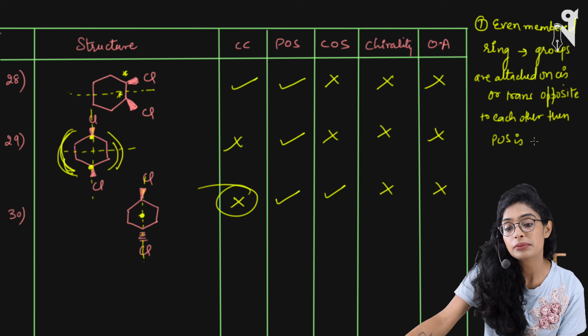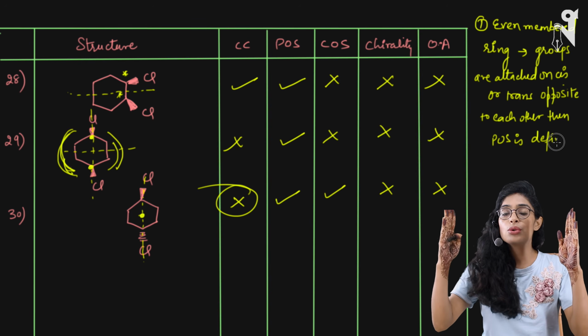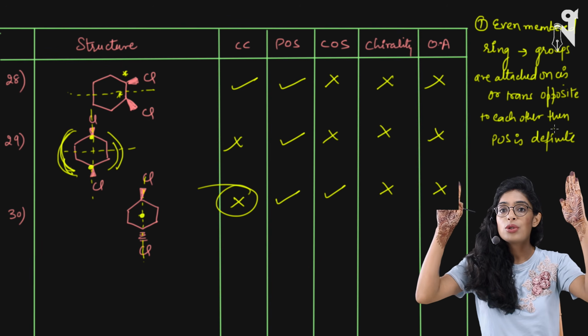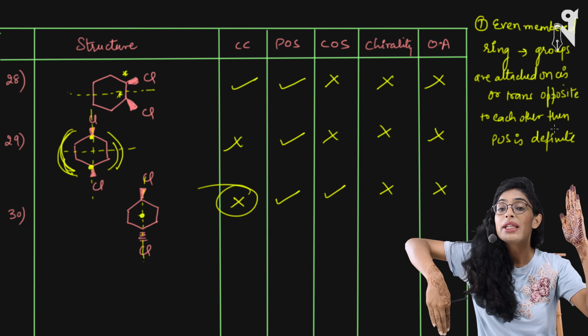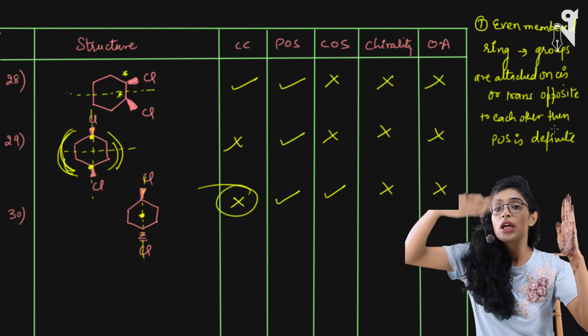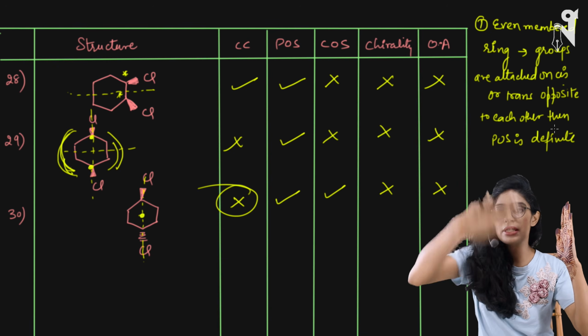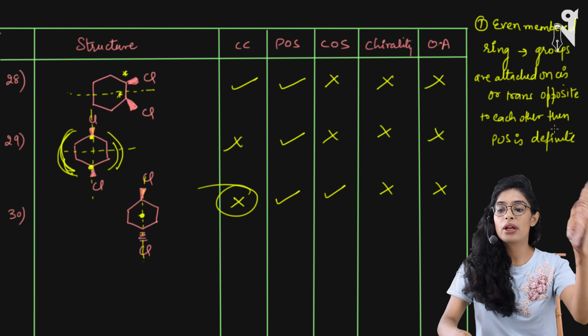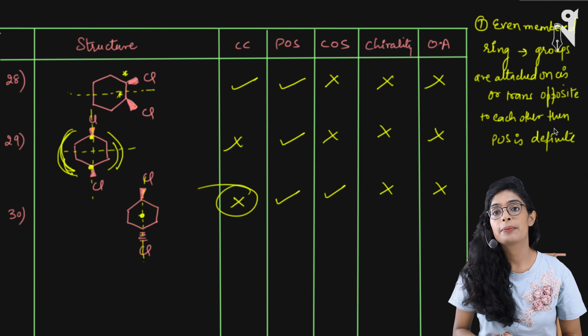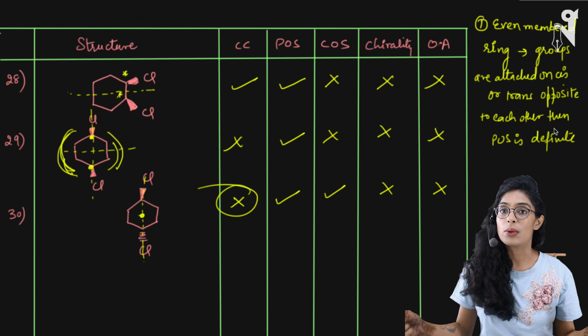That means no matter whether your two groups are both towards the viewer, or one towards the viewer and one away from the viewer, in the case of an even membered ring, you will do the slice cut like this, and half the thing will go here, half the thing will go there, and it will possess POS in all the cases.